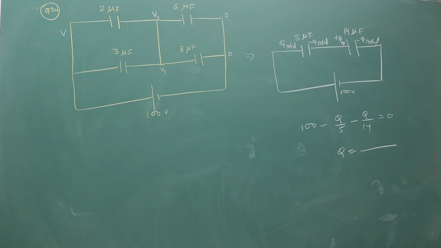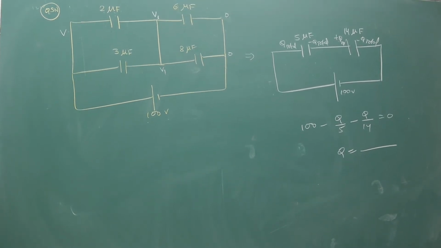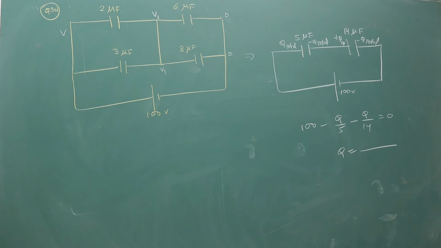Once you get the total charge, we have to simplify it and then try to get the answer. So Q you will get, and that Q you will divide.